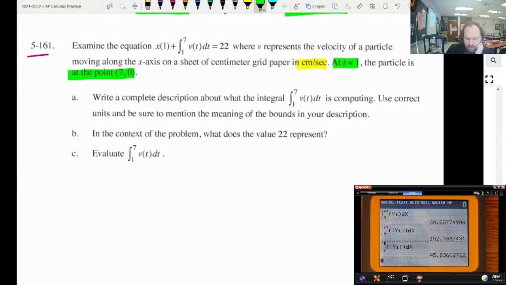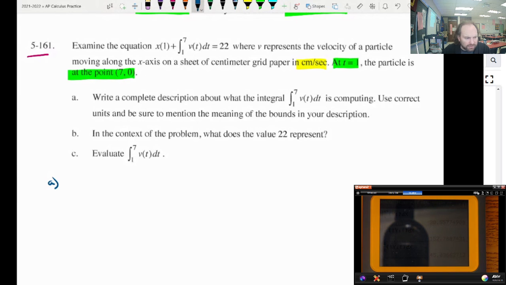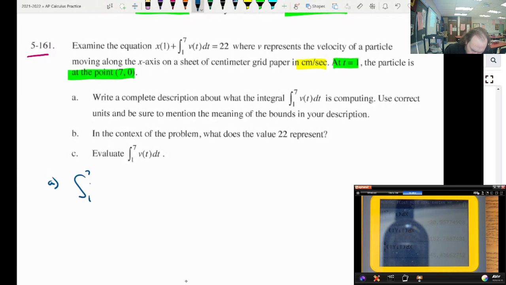So in question A, we're going to write a complete description about what the integral from 1 to 7 is computing. Use correct units and be sure to mention the meaning of the bounds in your description. So the integral part is just the change. It's not where it started. It's just how it's changing. So for question A, we have to say something about this, the integral from 1 to 7 of v of t. This is the integral of velocity.